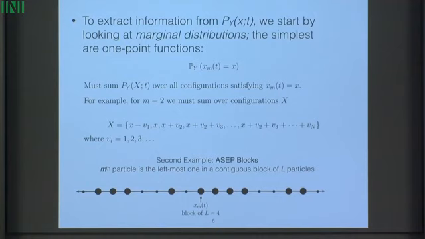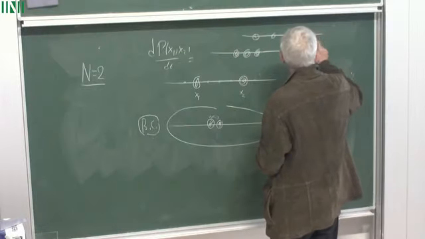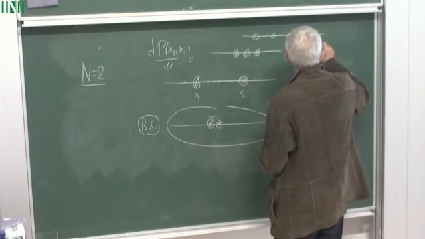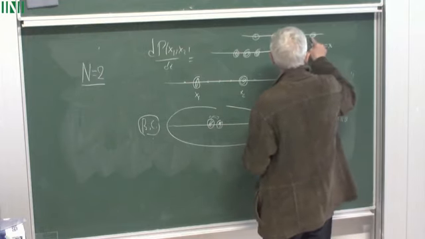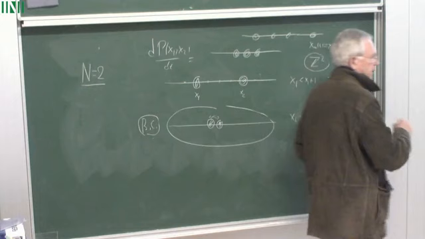For example, we might ask, what's the probability that the mth particle from the left, so now we imagine we have m particles. So we're in a situation where we got a bunch of particles, and here's x_m. And at time t, we ask, what's the probability that the mth particle from the left is in state x?